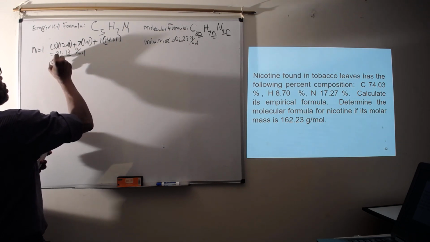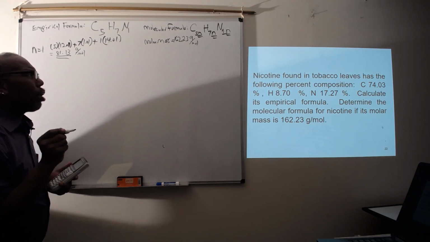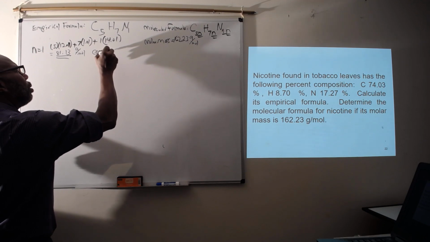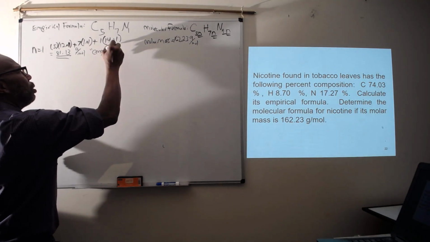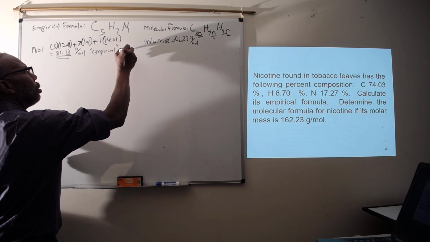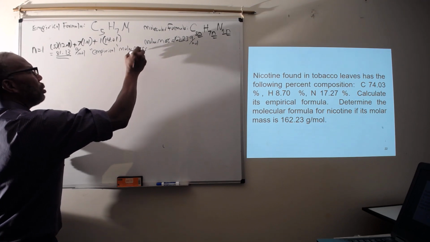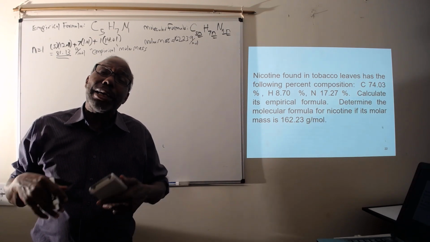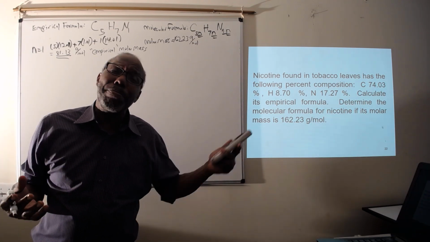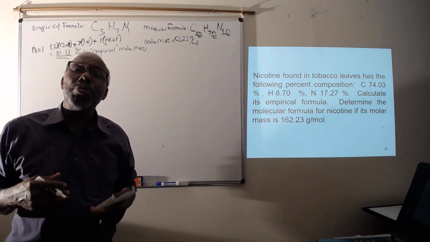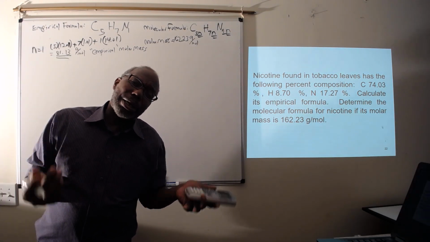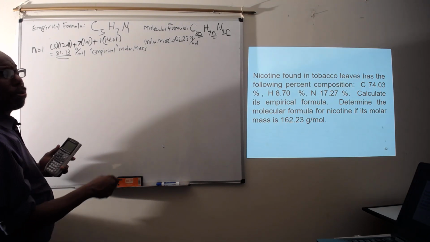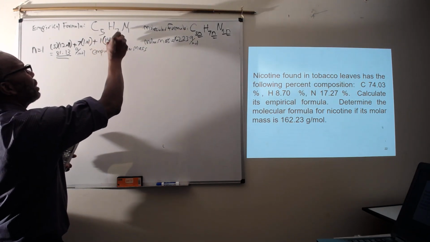And since n is equal to 1, I'm going to call this the empirical molar mass. Now we don't know for sure that this is the molar mass for the compound based on the true molecular formula, and that's why I'm calling it the empirical molar mass. This is the mass based on the empirical formula C5H7N1.